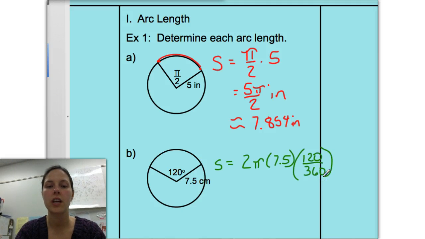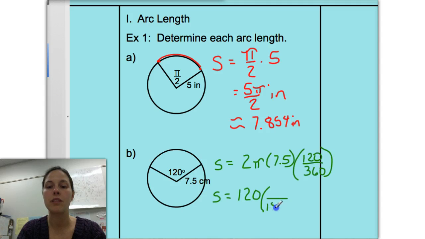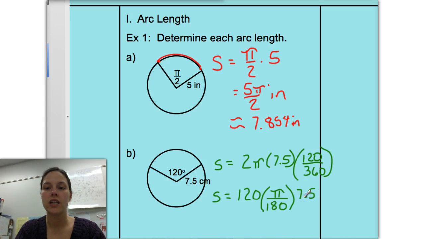I want to show you the other way before we get our answer, which is to convert the degree measure to radians. So remember, the formula for converting from degrees to radians would be to multiply, and again, I want my degrees to cancel, so I put that in my denominator. I want radians to be the unit for my answer, so the pi goes in the numerator. And then, that's our central angle in radians, and then multiplied by the radius.